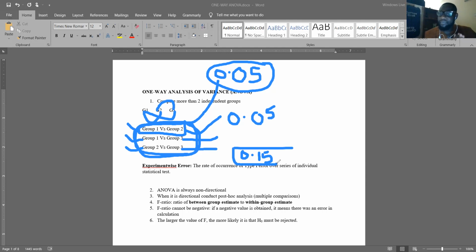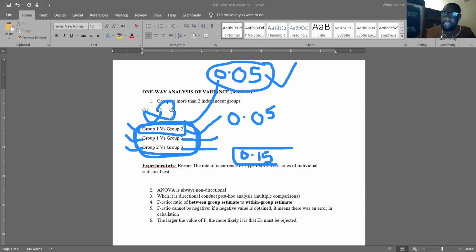As a researcher, our goal is to make sure that the error that we are committing is minimal. Hence, any researcher will go in for a test that will reduce their number of what? Errors. Hence, ANOVA will be the ideal, because when you use ANOVA, your error will be within 0.05.